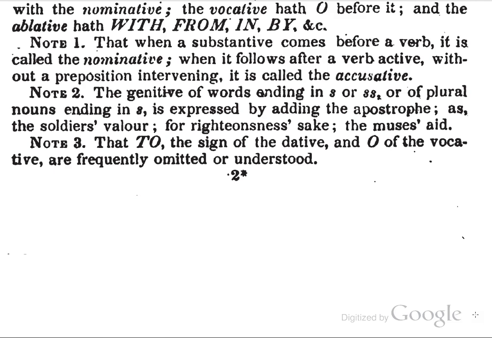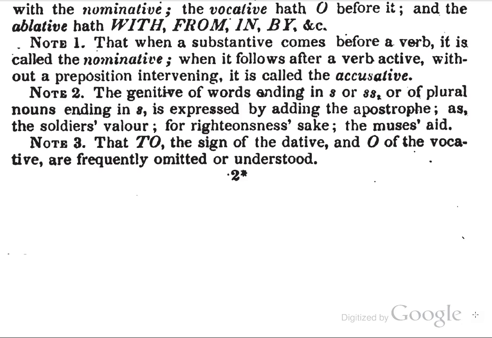Note 1. That when a substantive comes before a verb, it is called the nominative, and when it follows after an active verb, without a preposition intervening, it's called the accusative. This is in English.